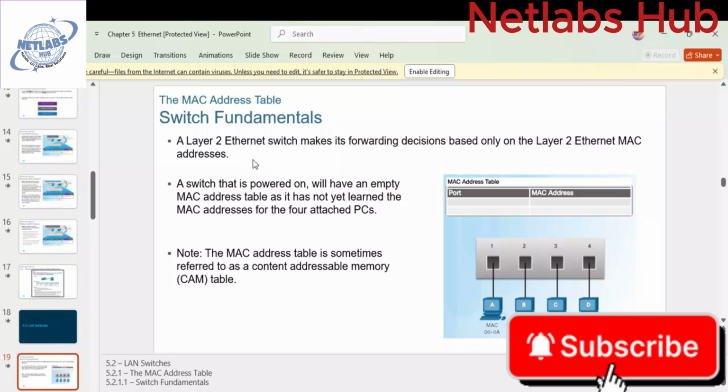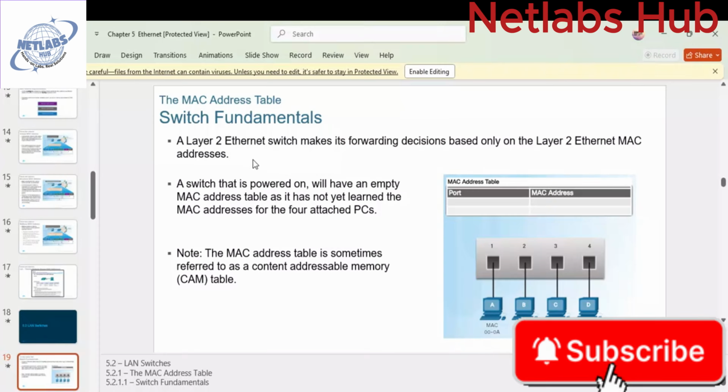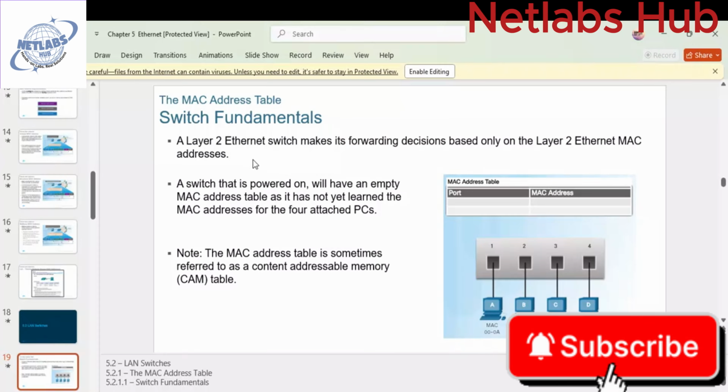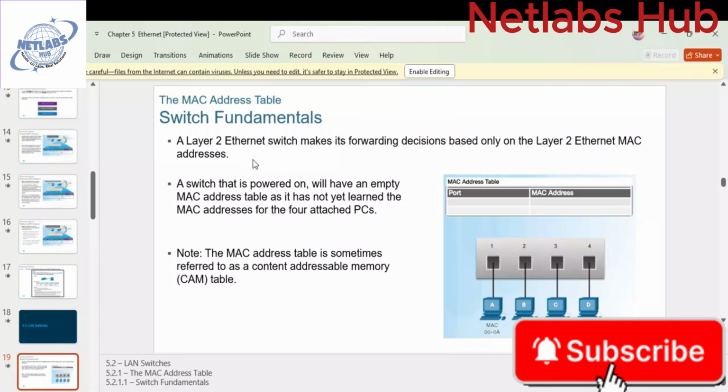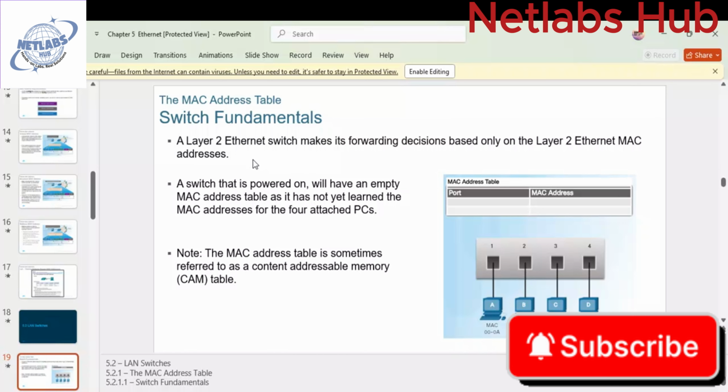address. It checks based on the source and destination. When a switch is powered on, the MAC address table, or the CAM table, is always empty, but it is populated as the switch identifies the connected nodes or the connected machines.